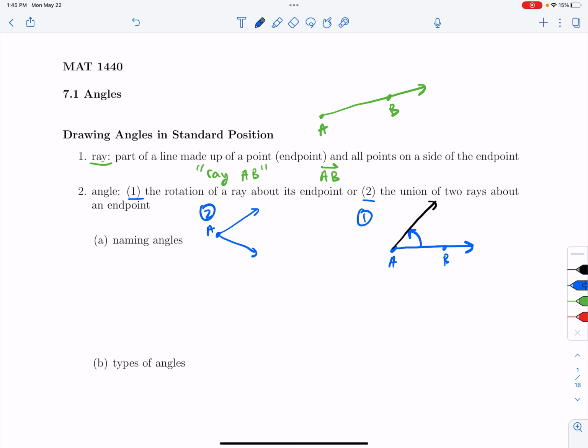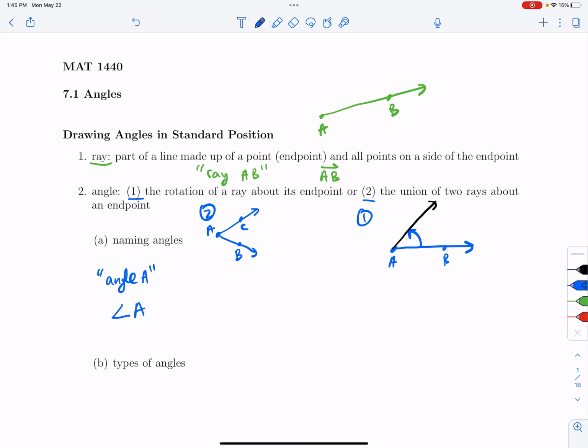Now, this angle here, let's say that this is B and this is C. If I wanted to name that angle, I could call that angle A, or we can use this angle symbol, and we always use the vertex. If we're just going to use one point on the angle, we use the vertex.